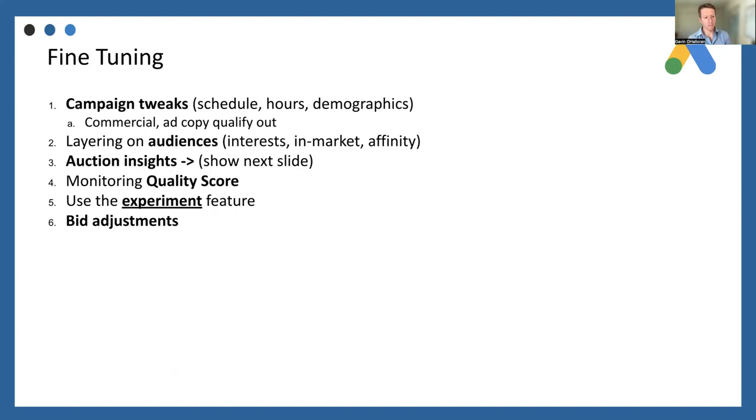The last thing here in terms of fine tuning that we like to do is related to bid adjustments. So you can do this in two places. You can do it at the keyword level. So for example, we have a bunch of keywords in our account and we want to make sure that our ads show up for one of the particular keywords in the account.